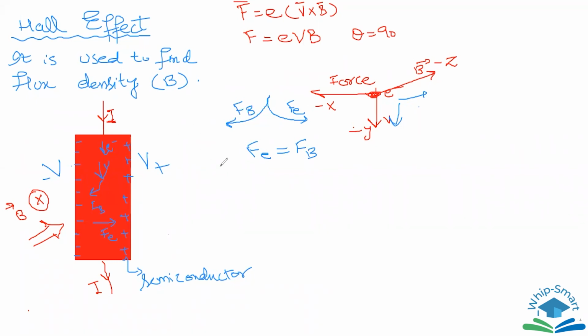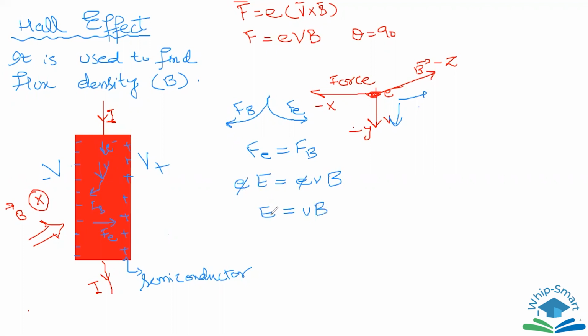So here you can see that the electric force will be equal to E, capital E, and the magnetic force will be equal to E, V and B. Both the E's will be cancelled out and the electric field will equal VB.